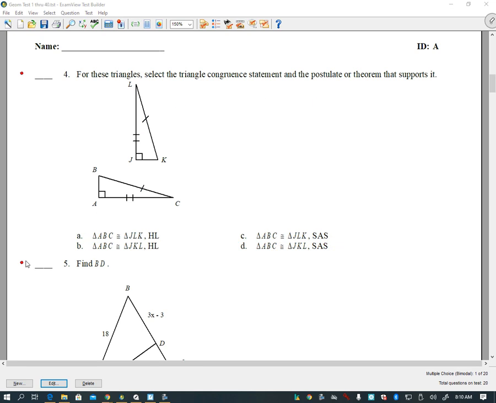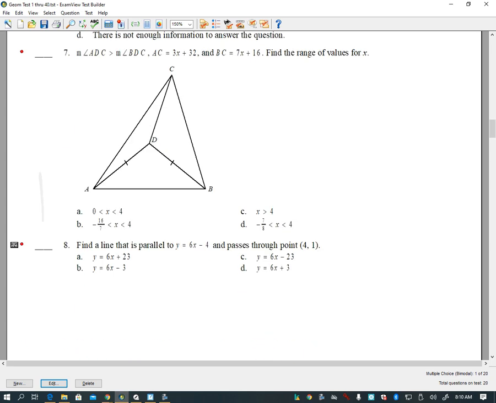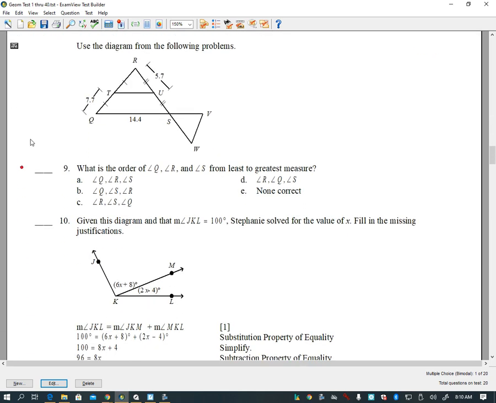Let's see, number 9. Okay. Use the diagram from the following problems. Let's see, so it's really just number 9. What is the order of angle Q, R, and S from least to greatest.